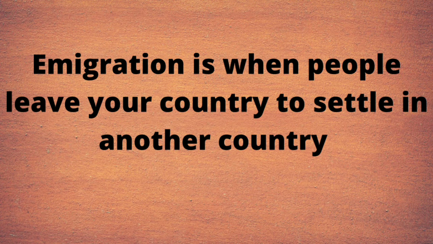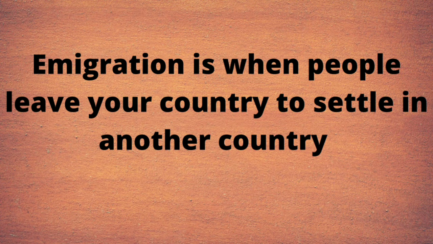Now, in order to understand immigration and emigration, you have to look at them in relation to each other and also in relation to the country in which you are living. Emigration refers to the movement of people from your country to live in another country. So when people leave your country to go and live in another country, that is referred to as emigration.